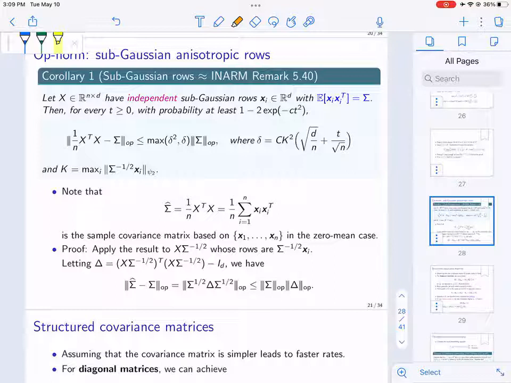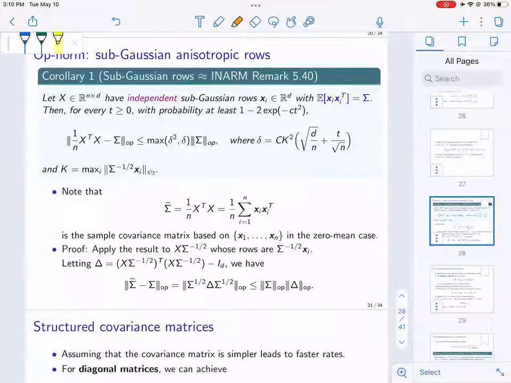So when you apply sigma to the minus 1/2 to X_i, you basically make it isotropic. If you go back to the previous result that we showed, it was just in terms of the psi2 norm of X_i itself. This is in terms of the psi2 norm of the whitened vector. I think this is slightly different.